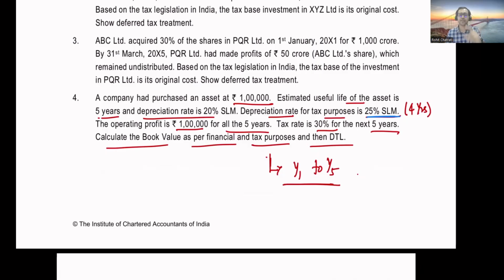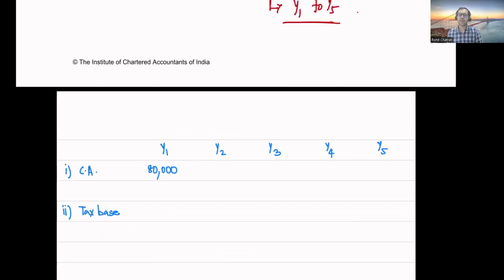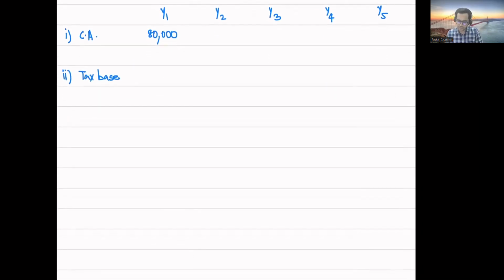If I had prepared a tax balance sheet at the end of the first year, this asset would have had a value of 75,000. Why? Because I purchased it at 1 lakh and charged the depreciation of 25,000 as per tax purposes.